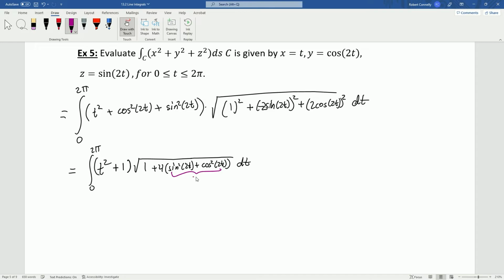And of course, this is equal to 1. So this becomes the integral from 0 to 2 pi of t squared plus 1 times the square root of 1 plus 4, which is just the square root of 5. All right, this is a pretty straightforward integral from here.